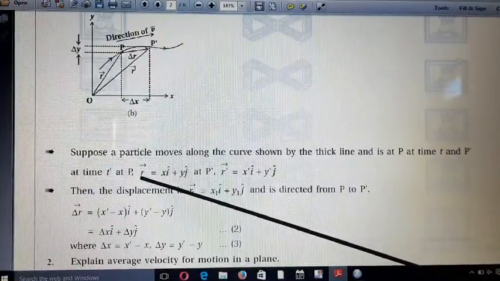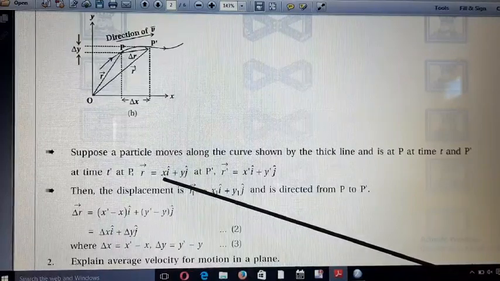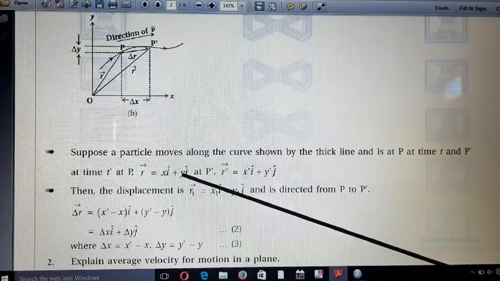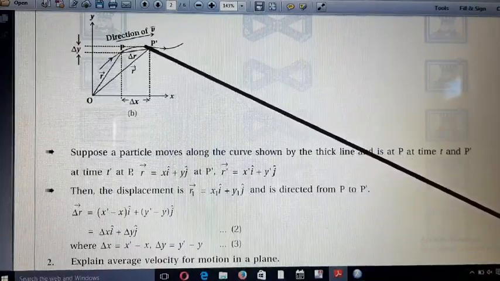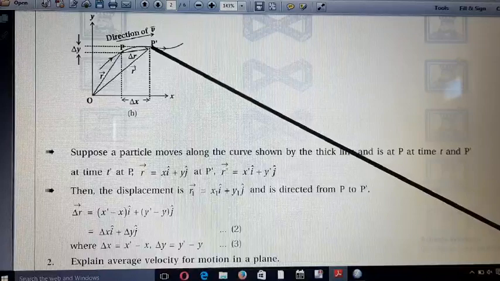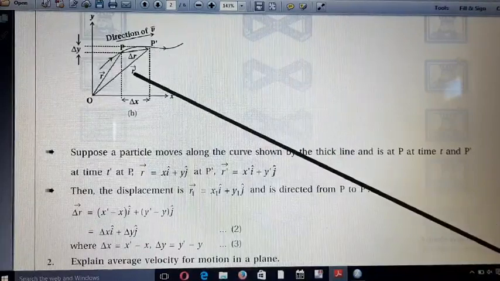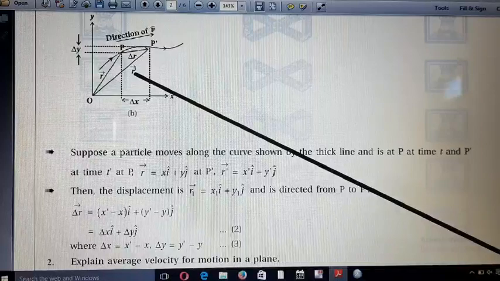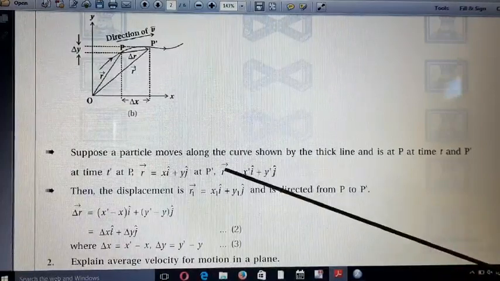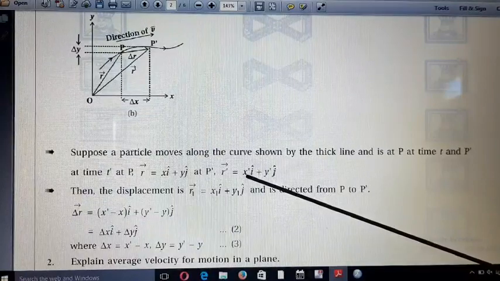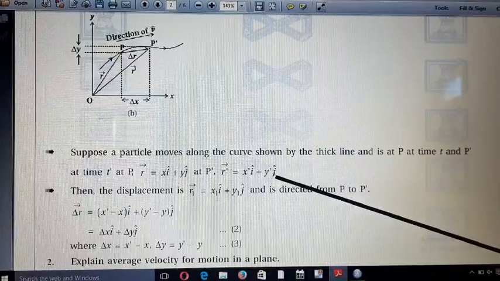So its position vector r is x i caret plus y j caret. After some time, this particle reaches point P dash. At that time, its new position vector is r dash, with new components x dash i caret plus y dash j caret.